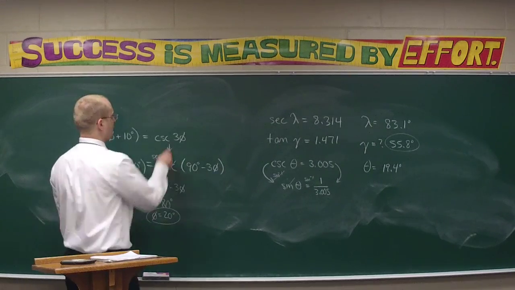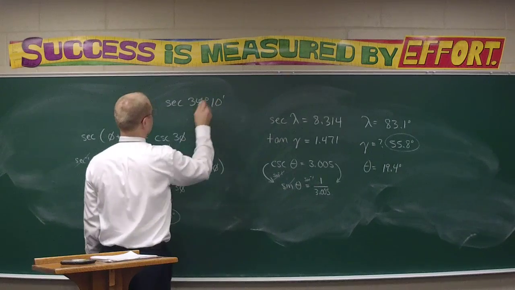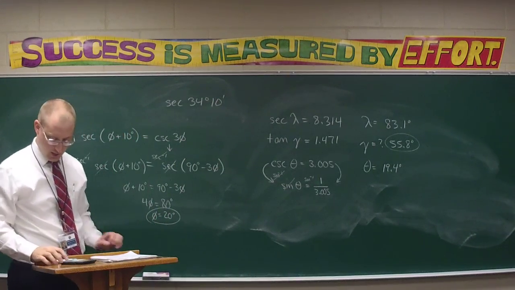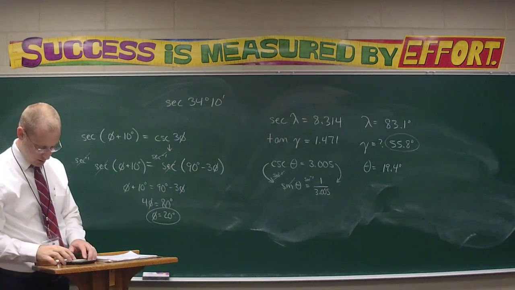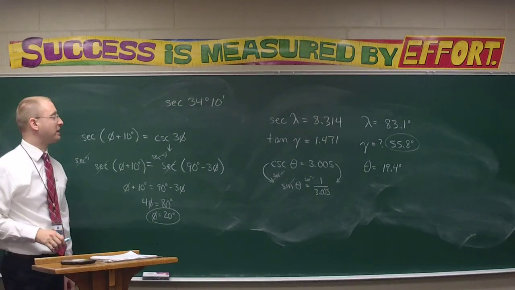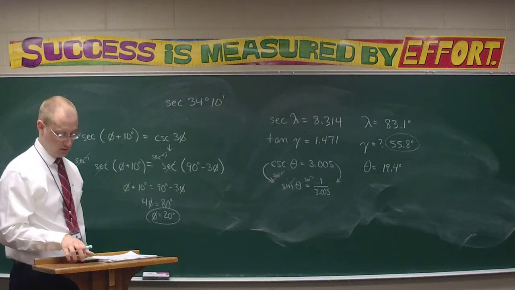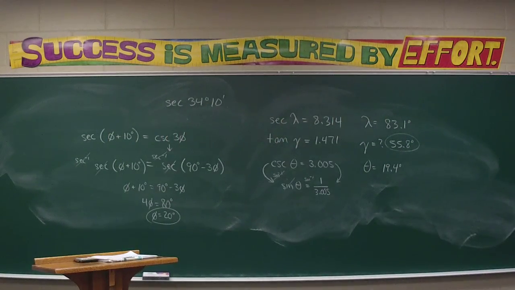All right, let's find the secant of 34 degrees, 10 minutes. Let's do 3 decimal places. Can I do that on this one? You can. Like Ethan's, you can actually directly enter the degrees, minutes, seconds.